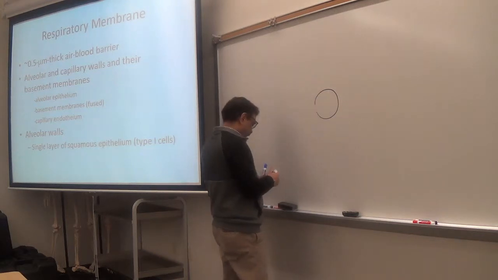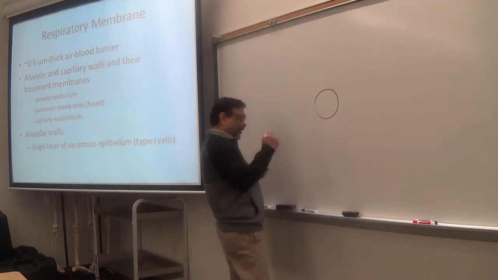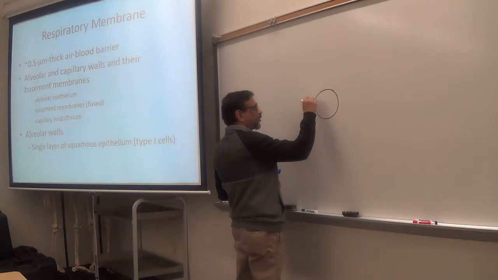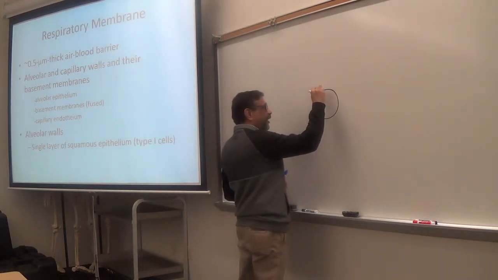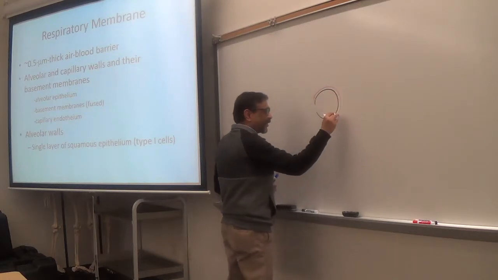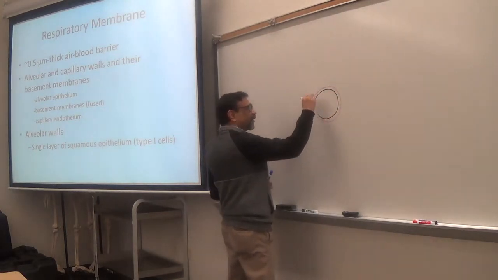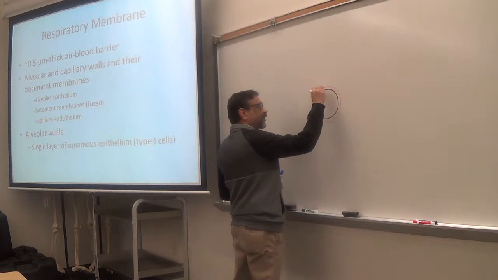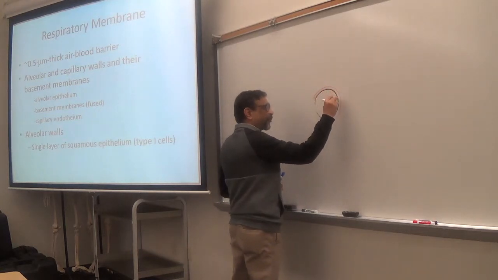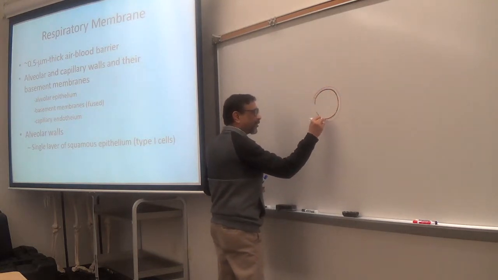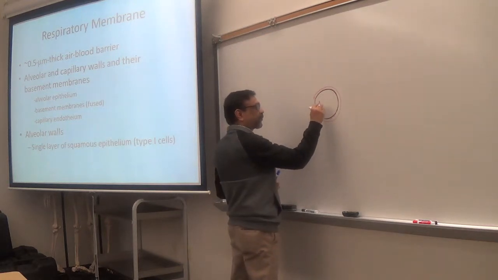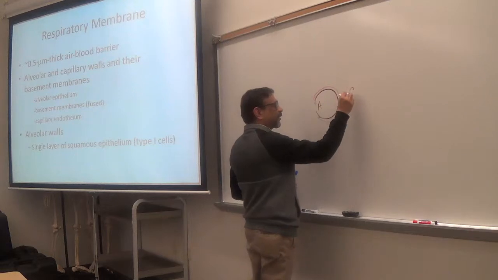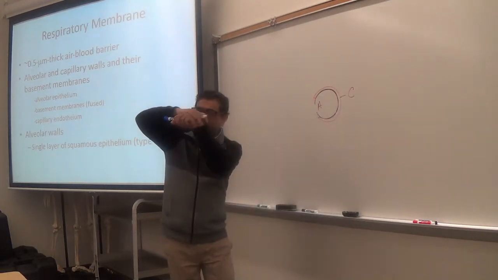And the blood supply of the lung is so beautifully done. Each alveolus receives a capillary on its surface. So this is alveolus, and this is capillary on the surface of the alveolus.